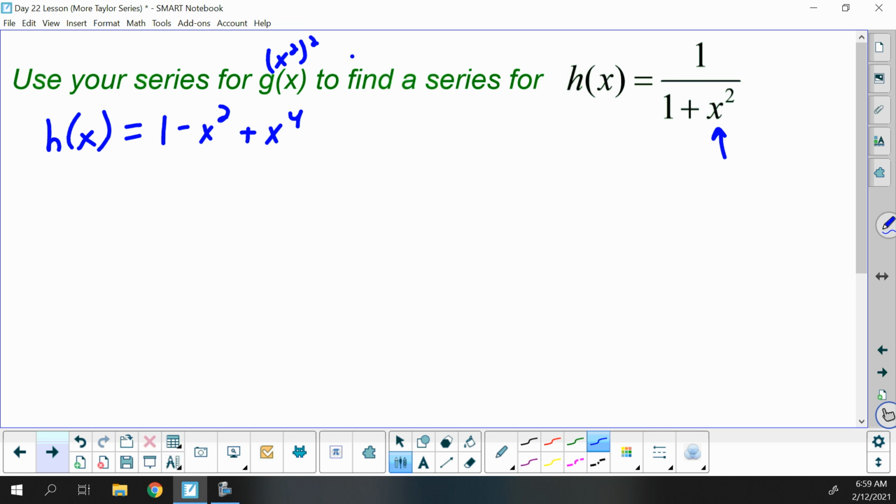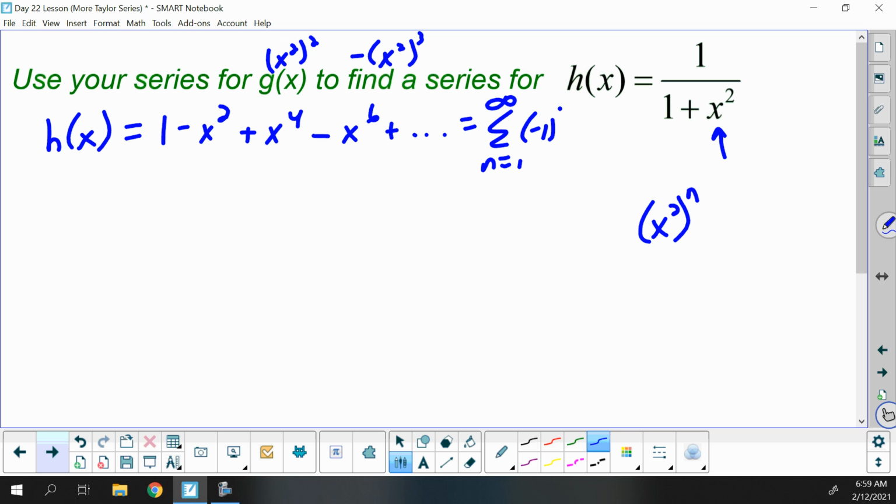Well, next we had minus x cubed. If you replace x with an x squared, we'll get minus x to the 6th, plus dot, dot, dot. We had x to the n in the general term. So now we're going to have negative 1 to the n, but x will be to the 2n.